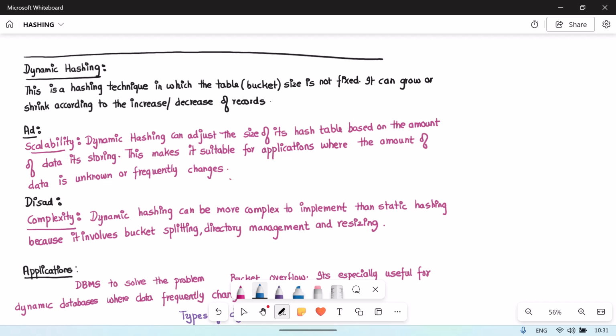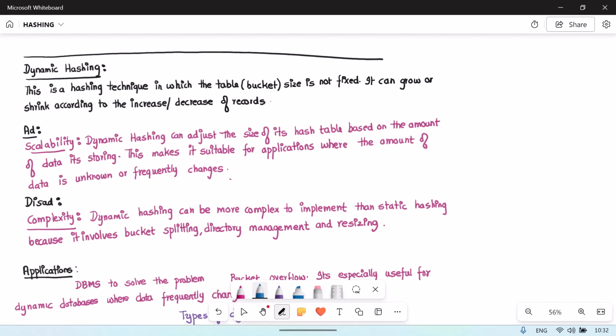This is a hashing technique in which the table or bucket size is not fixed. It can grow or shrink according to the increase or decrease of the records. Here the hash table can increase or decrease based on the user's requirement.